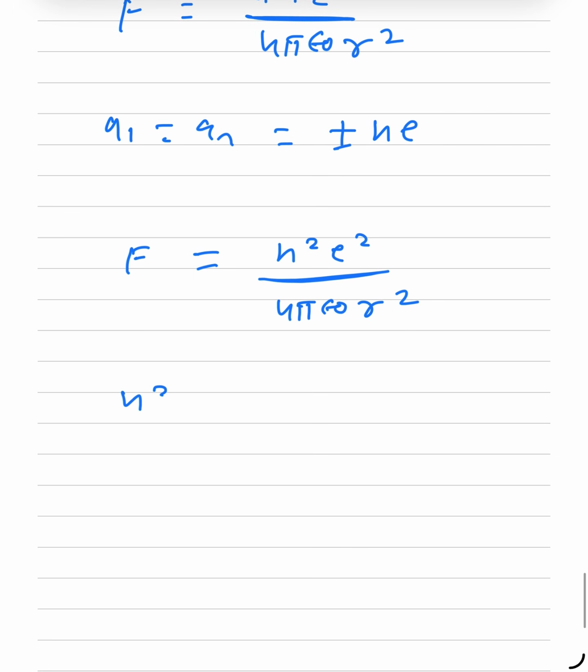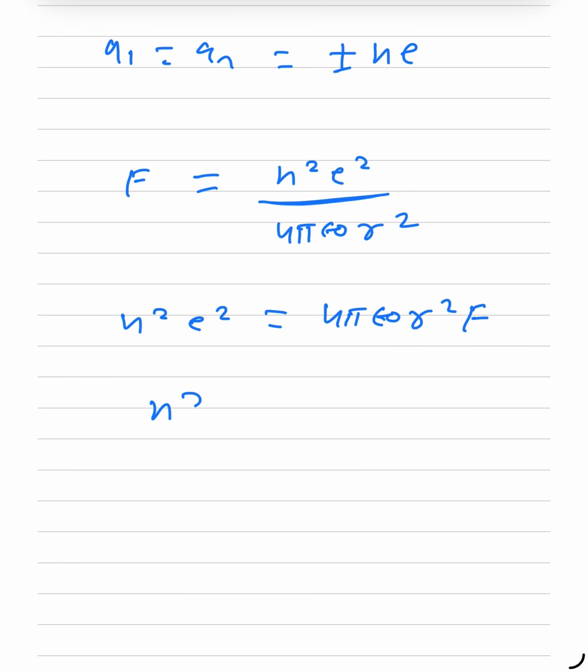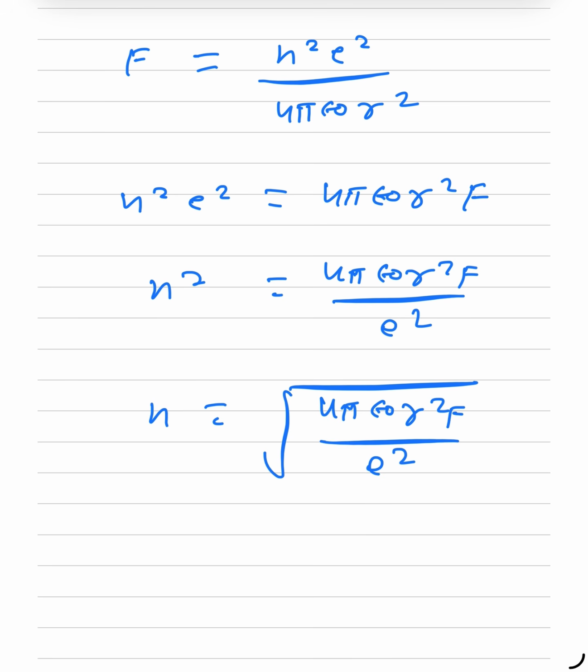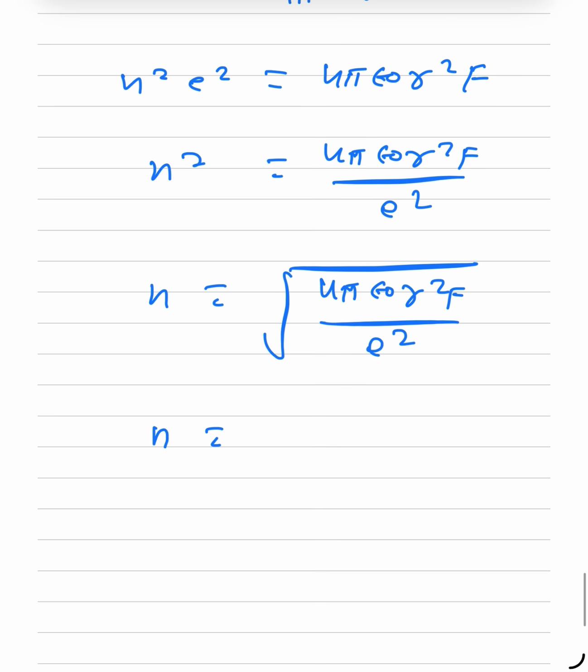In this situation, n square E square equals 4 pi epsilon naught R square times F, so n square equals 4 pi epsilon naught R square F divided by E square, and the value of n equals square root of 4 pi epsilon naught R square F divided by E square.